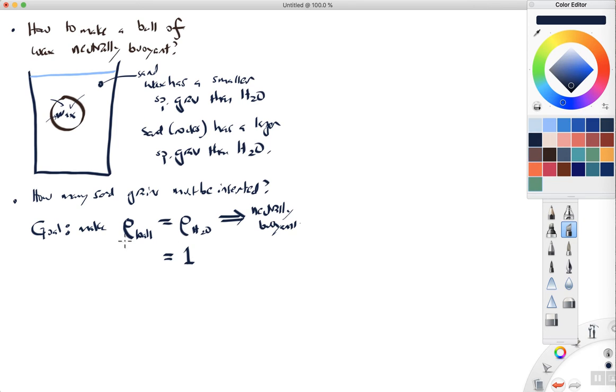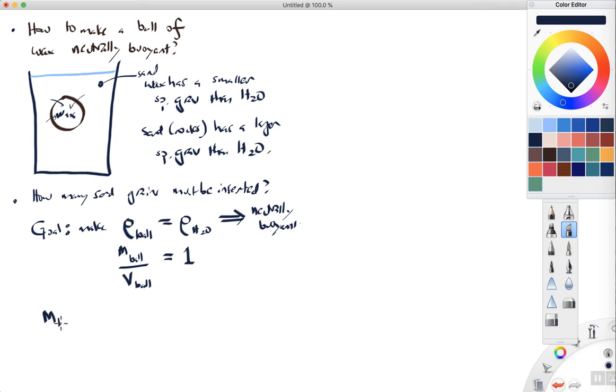So we want the density of the ball to be exactly equal to 1. Of course, the density of wax is less than 1, the density of sand is more, but the composite we want to be equal to 1. What is the density? Well, the density of an object is the mass of the object divided by the volume of the object. So here we want the mass divided by the volume to be equal to 1. Well, what is the mass of this ball?